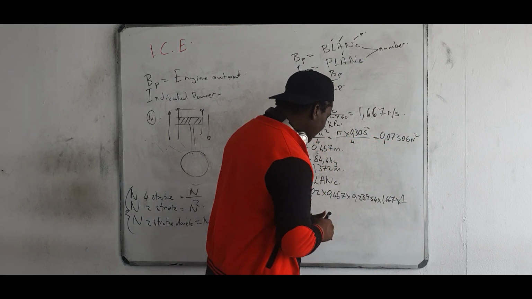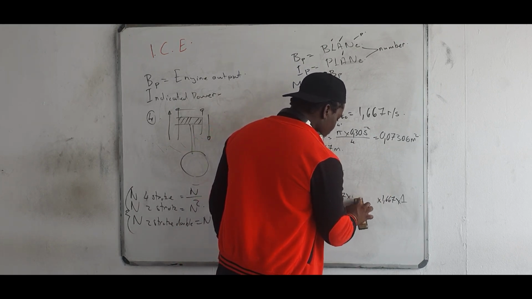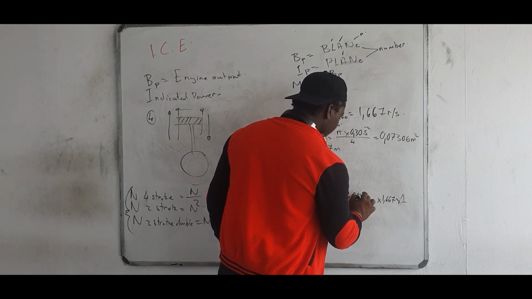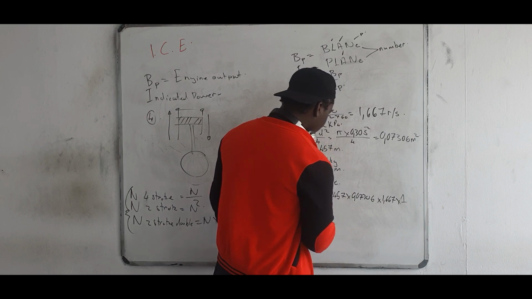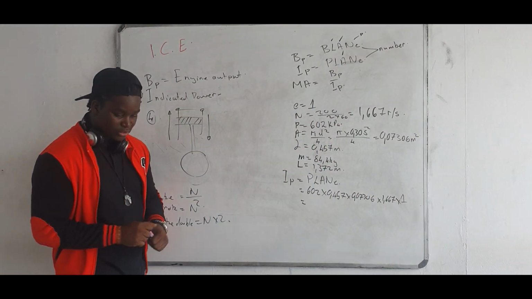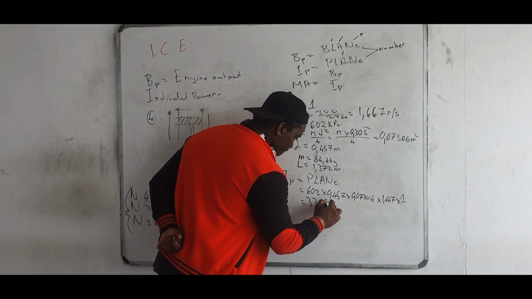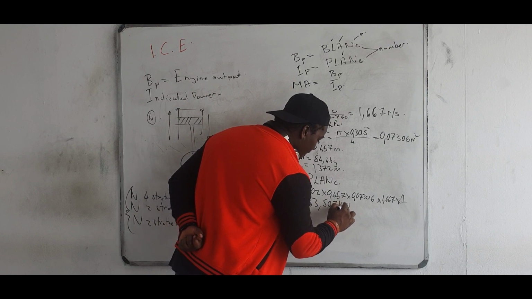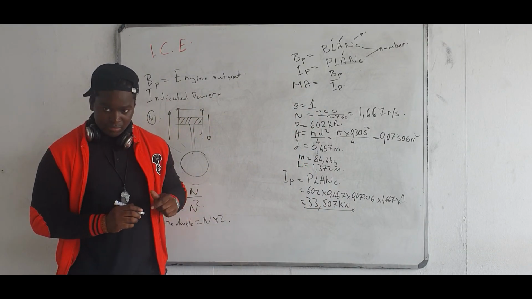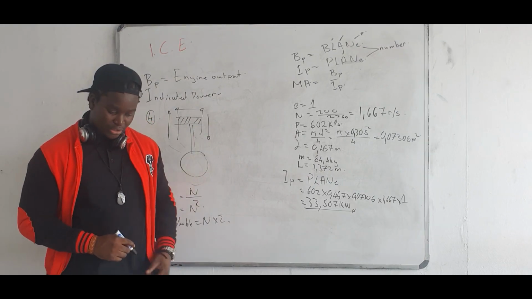Okay, keep that answer in the calculator, then we're going to use it. 0,07306. What is your final answer now? 33,507 kilowatts. That is correct. Now let me ask you a question. Why is our answer in kilowatts? Because we used our pressure in kilopascals. That is correct.